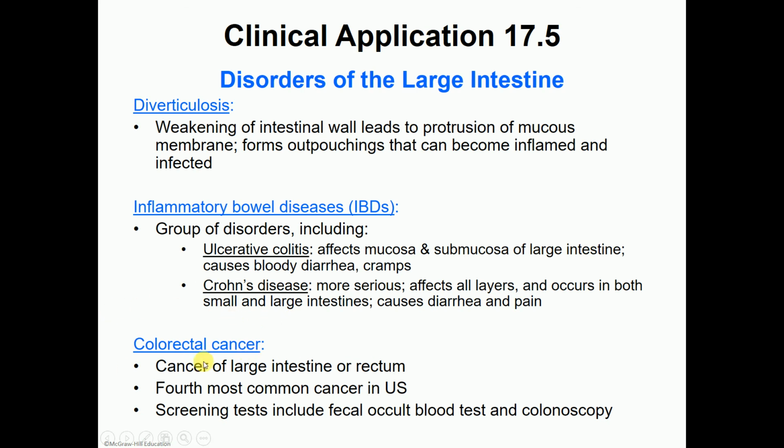Colorectal cancer is the cancer of the large intestine or the rectum. This is the 4th most common cancer in the U.S. Good thing, though, we have screenings for it. The screening includes what is known as the fecal occult blood test. Basically taking the feces of patients and looking to find out if there is microscopic blood in there.